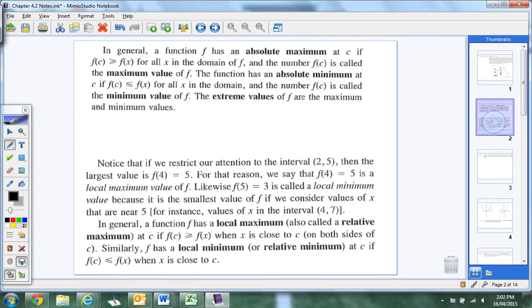So if we restrict our attention to interval 2 to 5, the largest value is now 4, 5. For that reason, we say that 4, 5 is a local maximum value. Likewise, 5, 3 is the new local minimum, because it's the smallest value we consider in our given constraints.